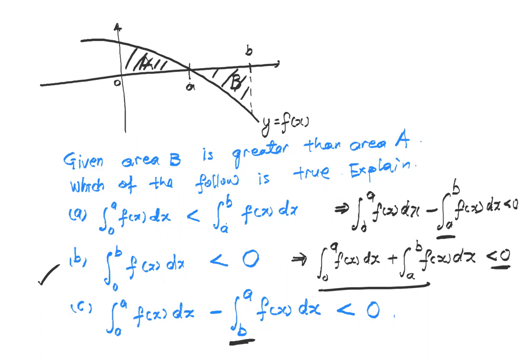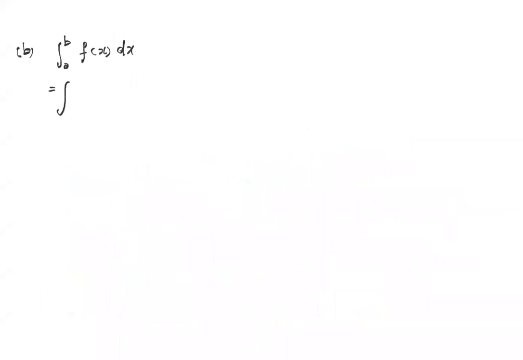So now I get the integral from 0 to A of f(x) dx, plus, because you continue, the integral from A to B of f(x) dx. Does the first one represent area A?